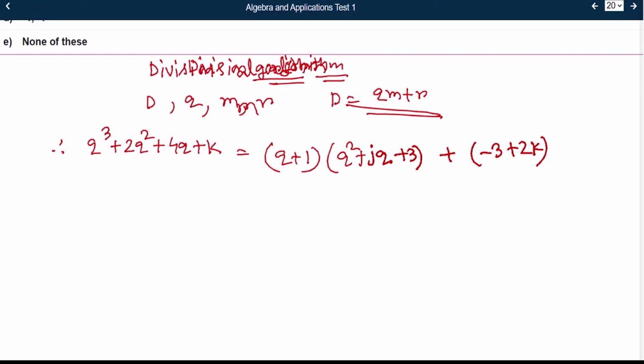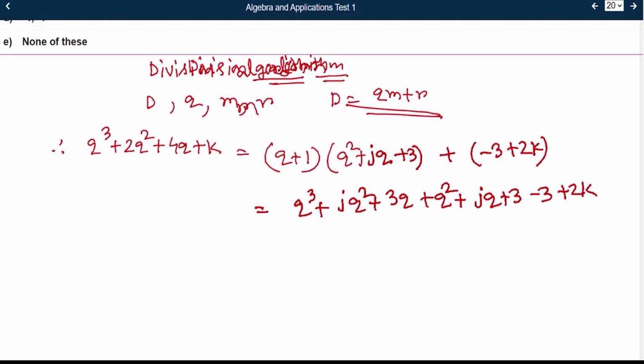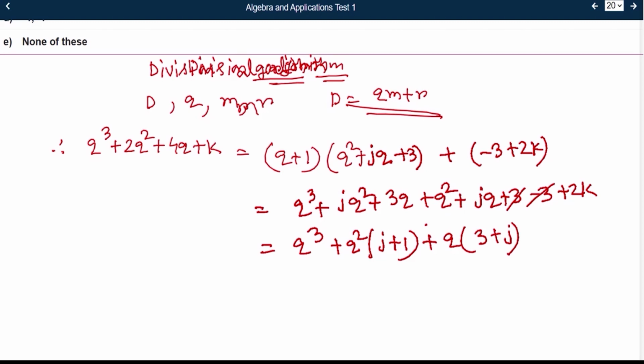So let's proceed with the calculation. Q cube plus jq square plus 3q plus q square plus jq plus 3 minus 3 plus 2k. Now we can take q square common, so j plus 1, and plus 3 minus 3 got cancelled. Also we can take q common from 3 plus j, and plus 2k.